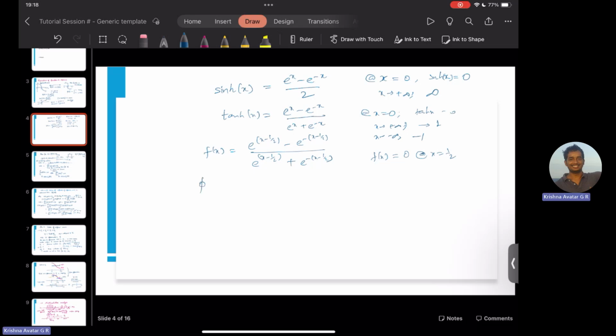Now we can parameterize it in terms of this phi n, equal to e to the power, let's call it n into x minus half.